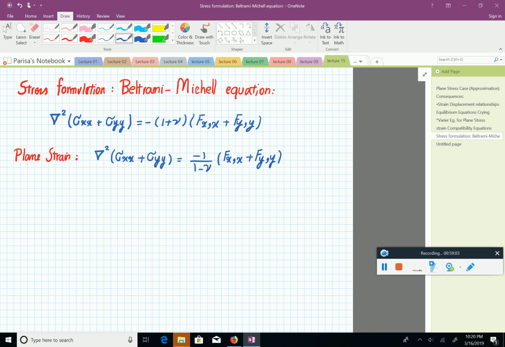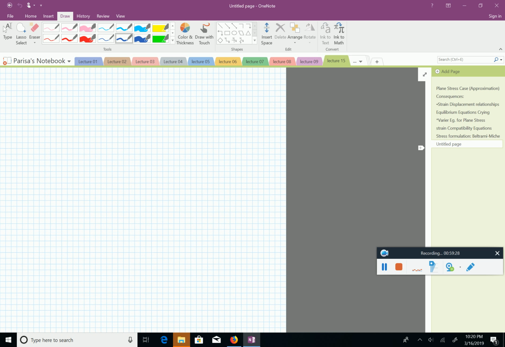So now that we have the formulation for plane stress, just like plane strain, we have to reverse engineer and say, okay, what are the physical implications of this definition and this formulation? So what kind of a problem can be approximated reasonably well using plane stress formulation?